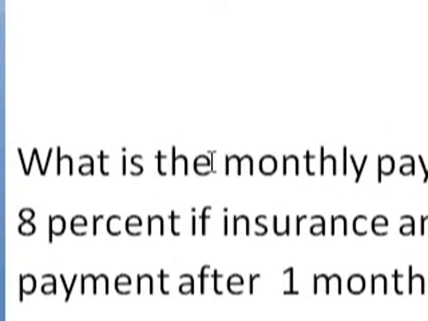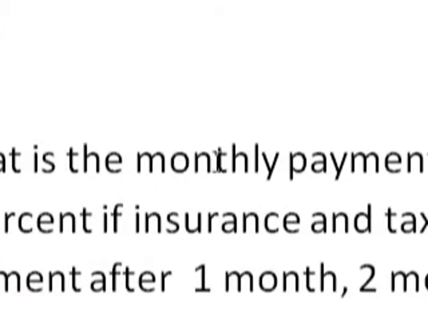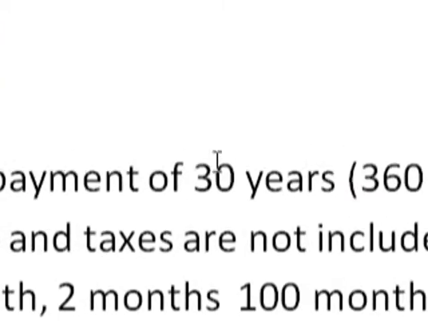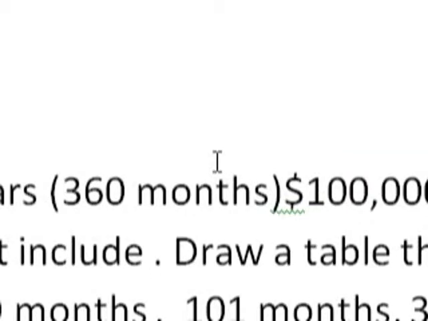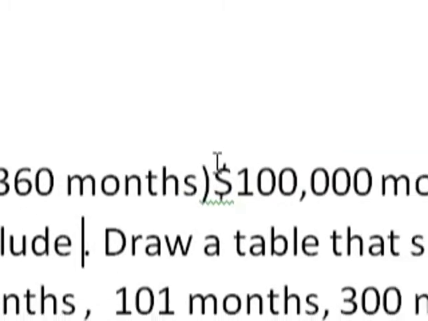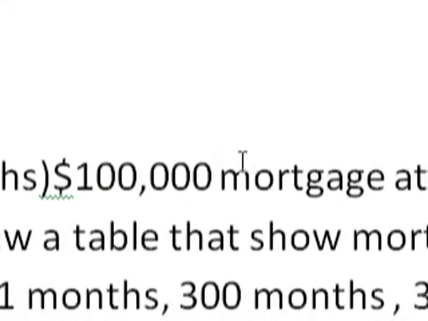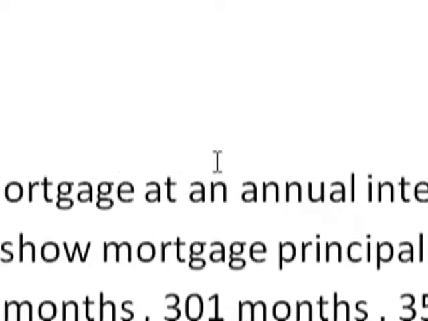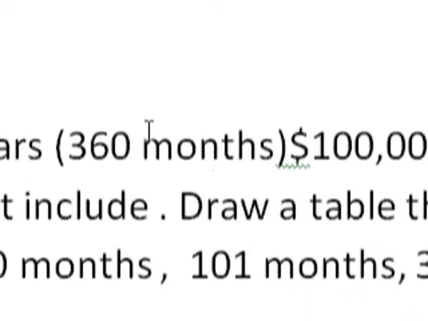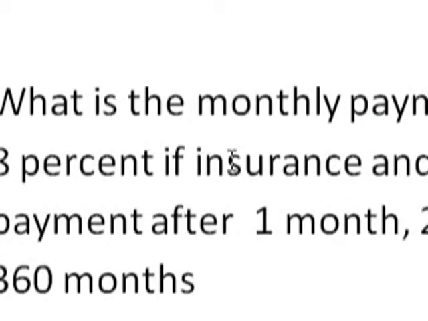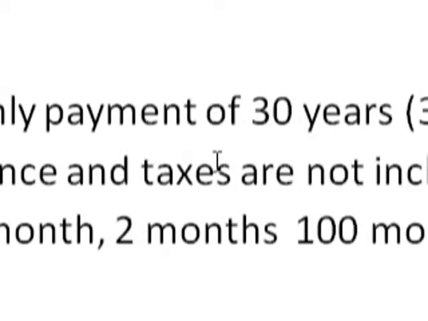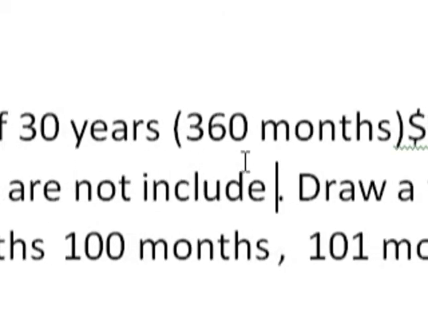Here's the problem. What is the monthly payment of a 30 years, that means 360 months, $100,000 mortgage at an annual interest rate of 8% if insurance and tax are not included?